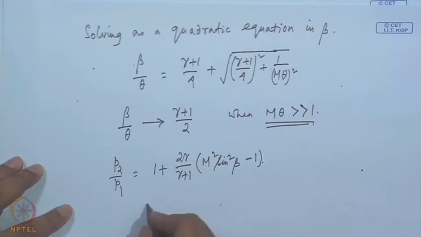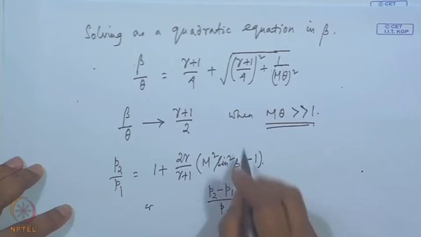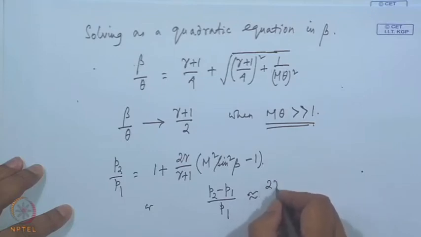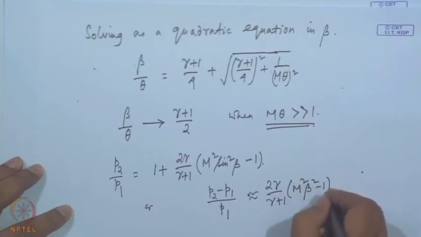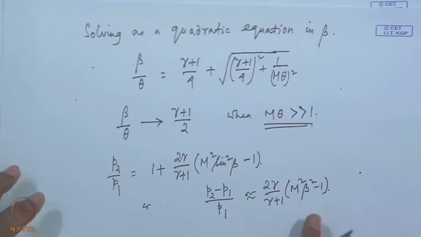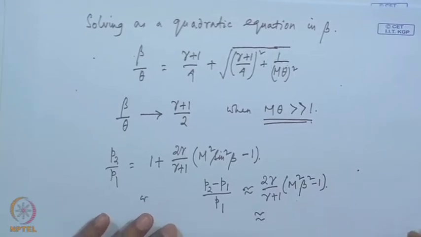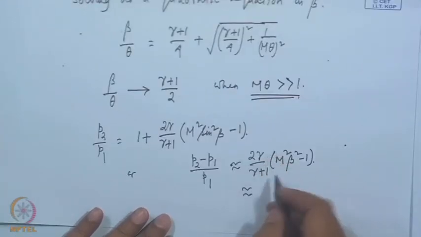So P2 minus P1 by P1, using these approximations, goes to 2 gamma by gamma plus 1 into M square beta square minus 1, and if we substitute the value, gamma plus 1 by 2 gets cancelled.